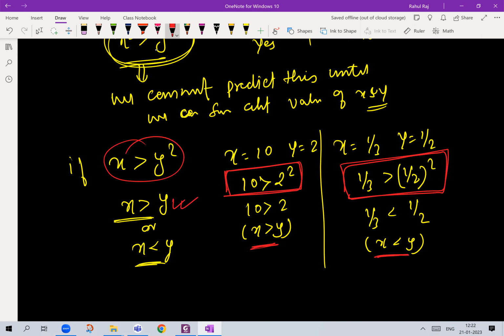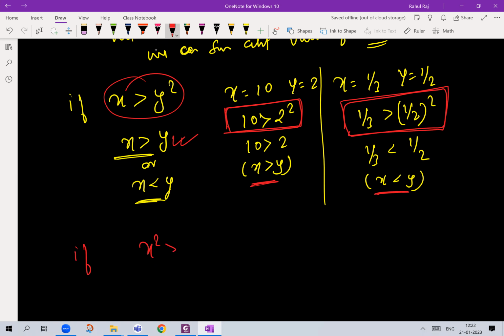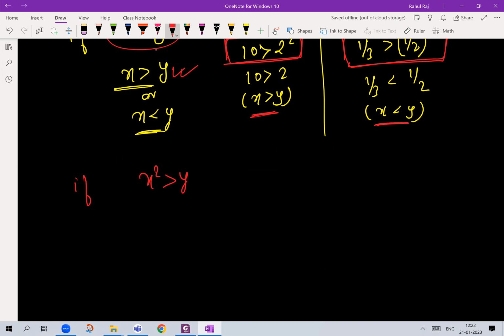Now come down to the third statement. If I say x square is greater than y, because we know that even powers cannot be predicted, I can still say x could be greater than y or x could be less than y. Simple logic. Imagine I take x equal to 5, y equal to 4. Can I say 5 square is greater than 4? And 5 is greater than 4. Obviously 25 is greater than 4 and 5 is greater than 4, that is x is greater than y.